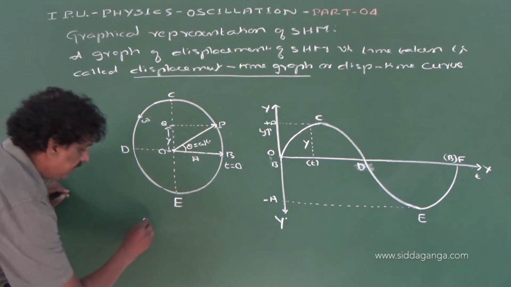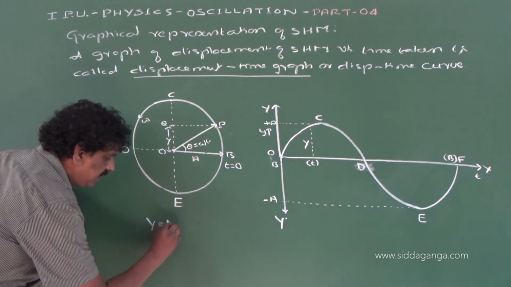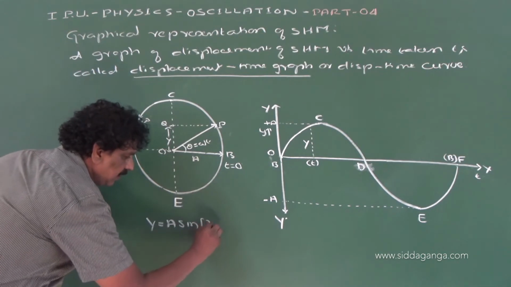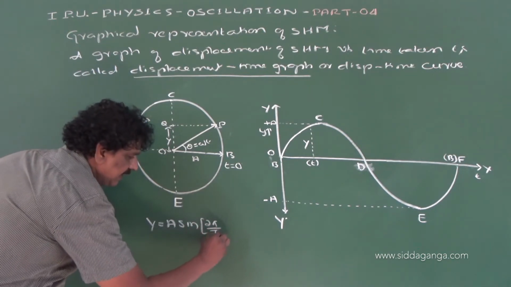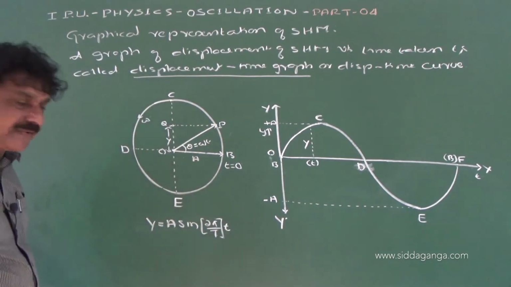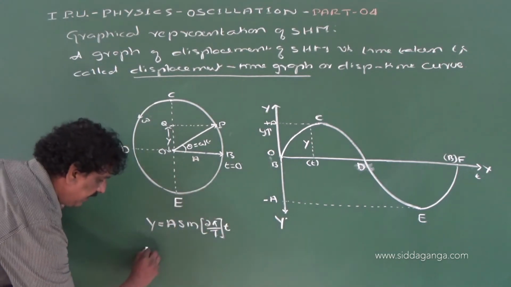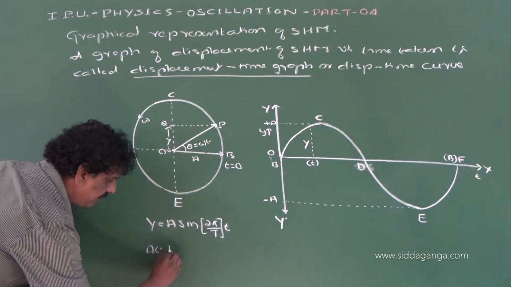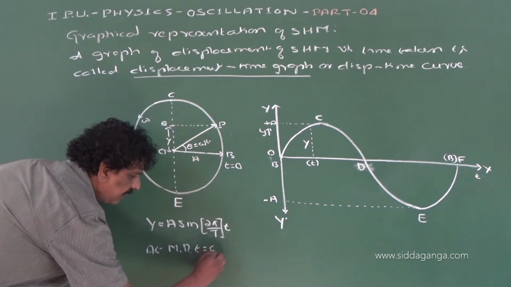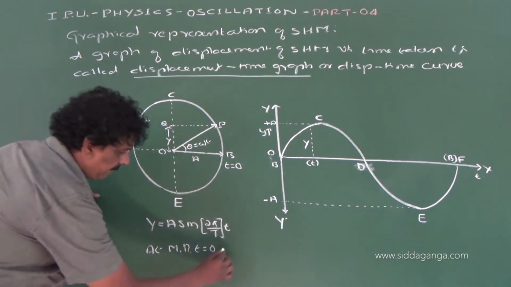We have the equation y is equal to a sine 2 pi by T into t, in terms of time period T. At the mean position, time t is equal to 0.